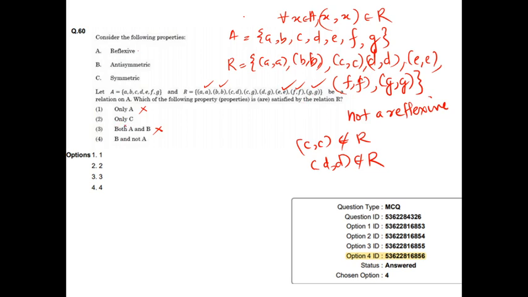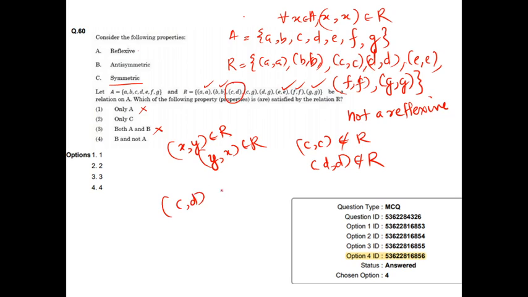So what about the second case? Only C. What is the C property? Symmetry property. In the case of symmetry property, we say that if xy belongs to R, there should be yx belonging to R. So the first pair is given as CD.